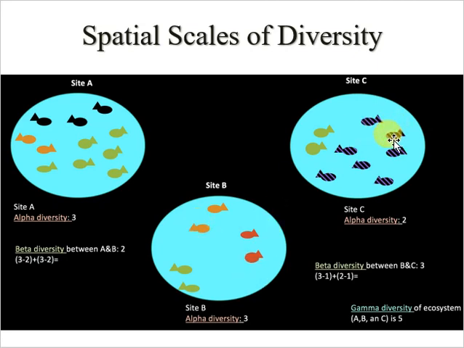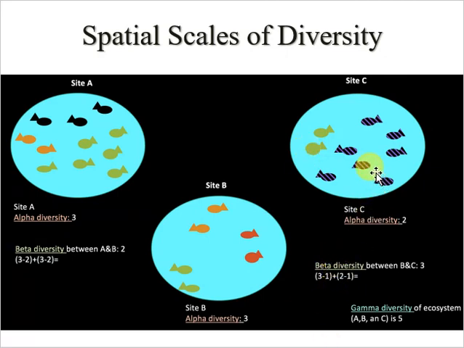And site B doesn't have the purple fish with the black stripes. So at site B, you have only one species that is shared, right? The only species that is found at both site B and site C is this little icky green guy.